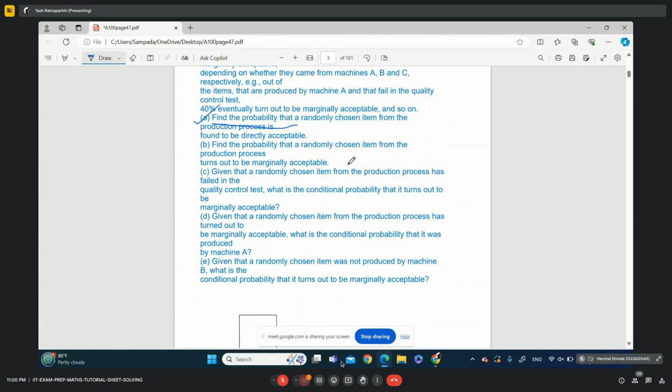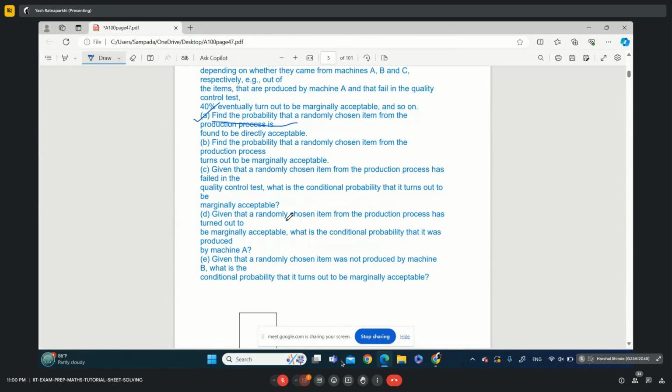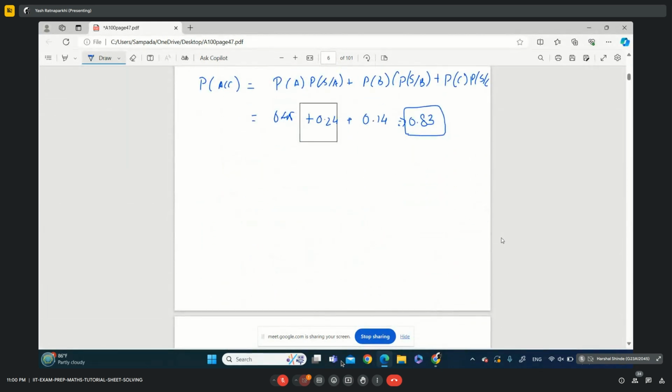Find the probability that a randomly chosen item from the production process turns out to be marginally acceptable. Now this is a perfect thing. What we need to do is go with reverse engineering. Let me tell you why. See this case: there is a product A. You need to understand this flow.